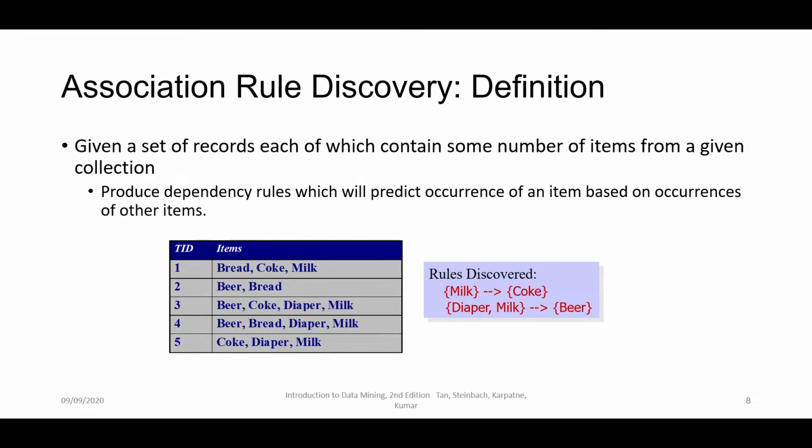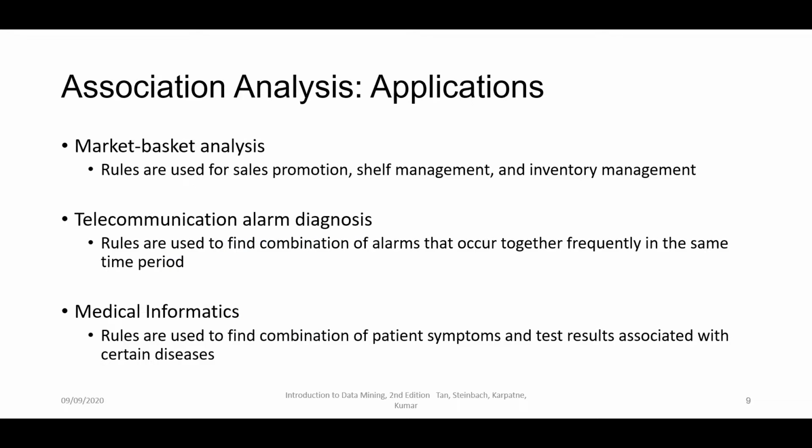Dependency rules can be used in predicting similar types of occurrences, and based on the association between the occurrences, we can discover some associations. So association rules are used in this scenario. I'm just quickly giving the overview because we are lagging on time, so I will focus more on the practical now.